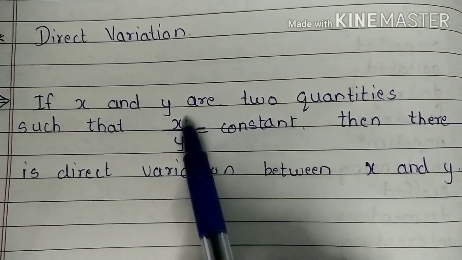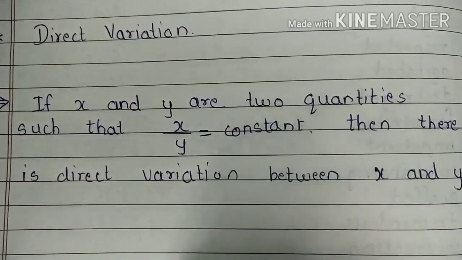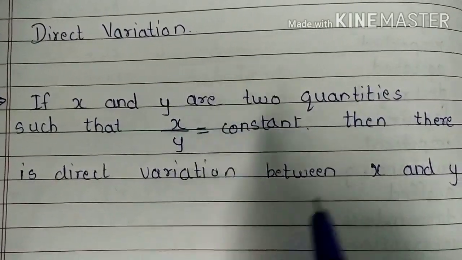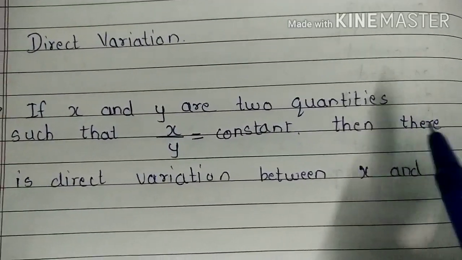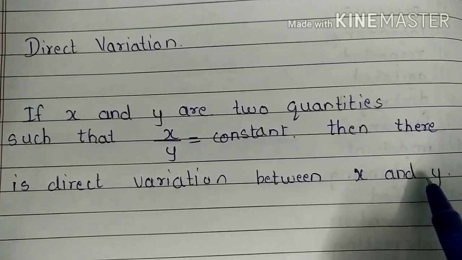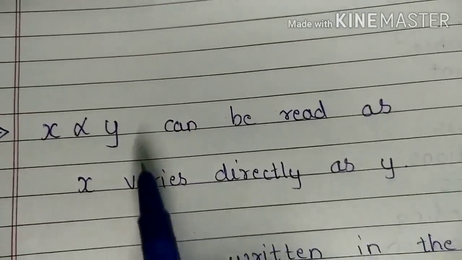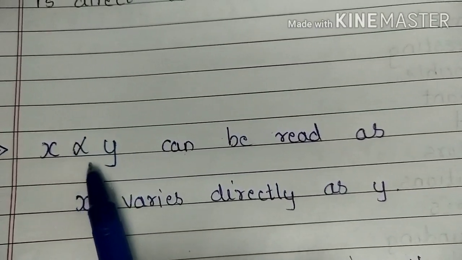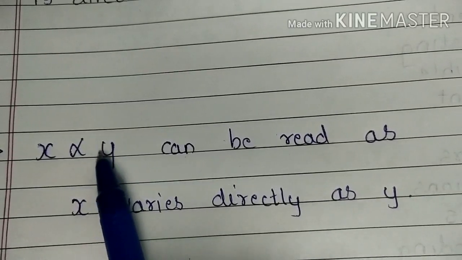What is it said as? x and y are directly variable to each other. That means if x increases, y will also increase. That's why there is direct variation between x and y. The next point is this sign that you can see, it's the sign of variation.